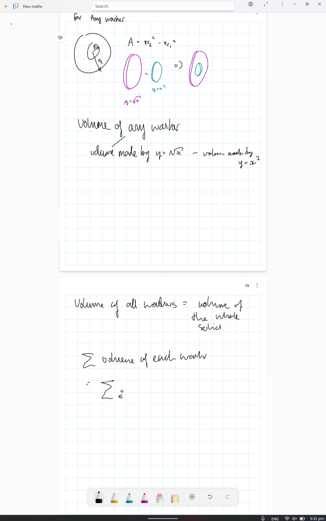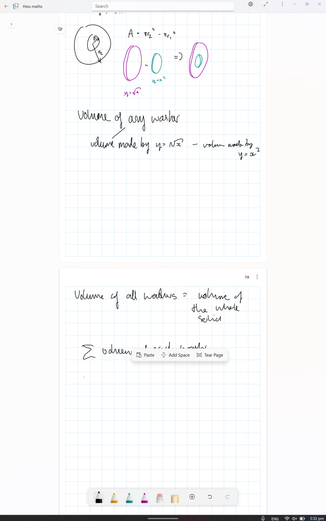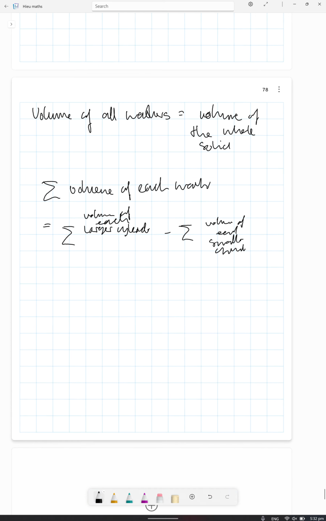That is equal to the volume of each larger cylinder minus the summation of the volume of each smaller cylinder. And how do we do that?